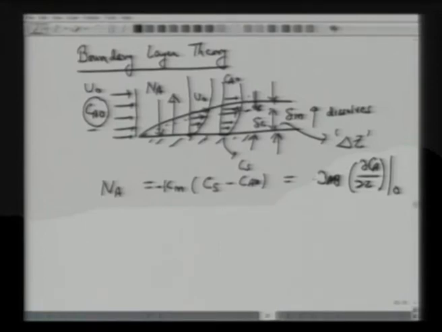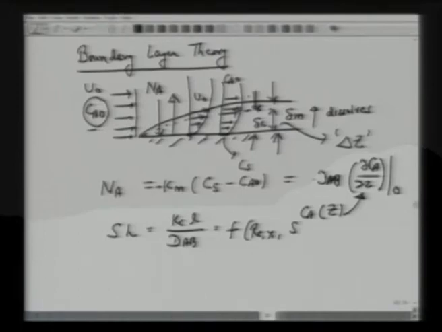Analytically one can solve for CA as a function of height Z, and once we get a concentration profile, we can integrate this, calculate the diffusion flux, and equate this Km to CS minus CA0 to obtain another correlation for the Sherwood number, Kc L over DAB, and this would be some correlation as a function of the local Reynolds number and Schmidt number, etc. So the idea is that all these theories are used to get an expression for the Sherwood number in terms of how the mass transfer coefficient varies with the diffusion coefficient.